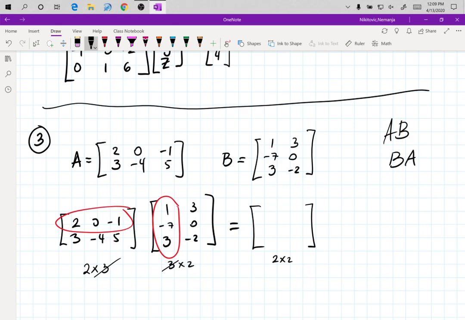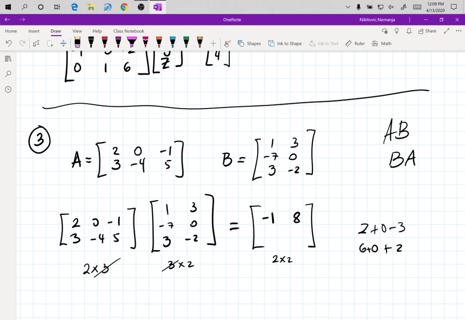So 2 times 1 is 2, plus 0, minus 3, it's a -1 on the first entry. Then I move to the next column. 2 times 3 is 6, 0 times 0 is 0, -1, so plus 2, that's 8.